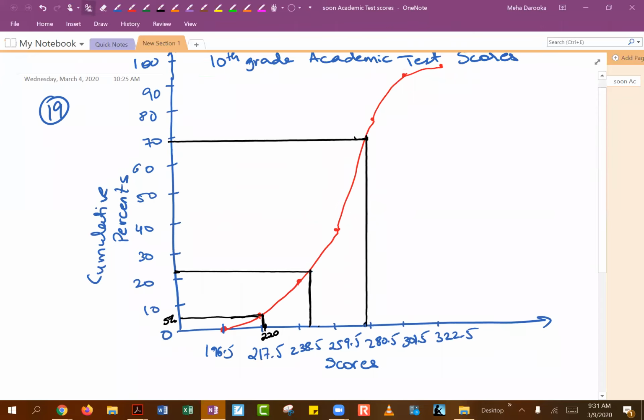For 280, which is literally going to be like a hair before that 280.5, these two should be pretty close to each other. And what does this guy come out to be?